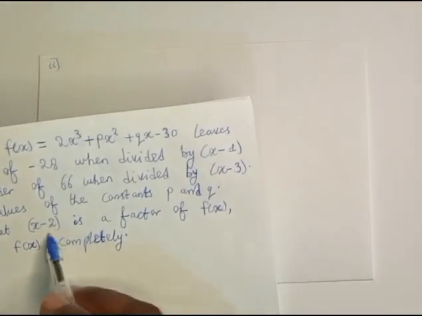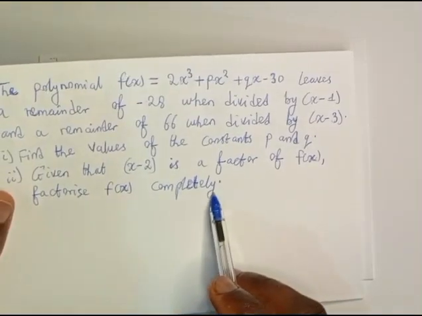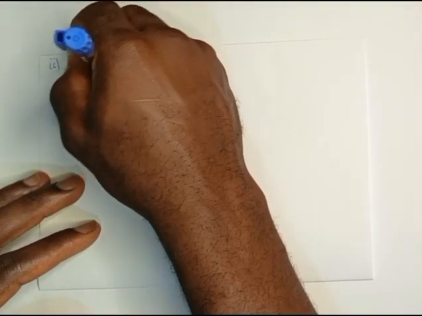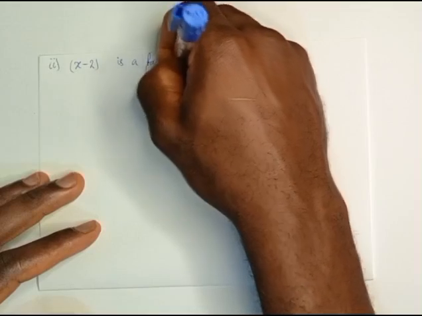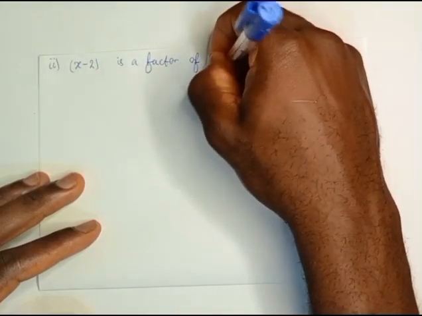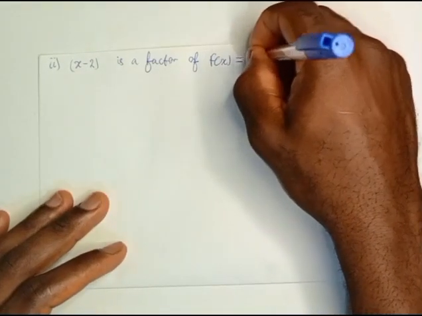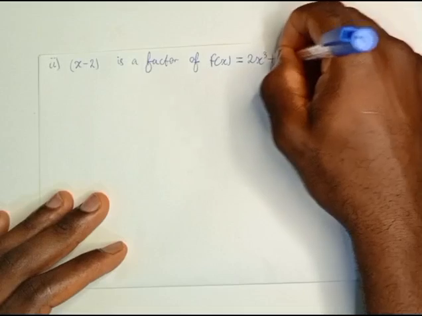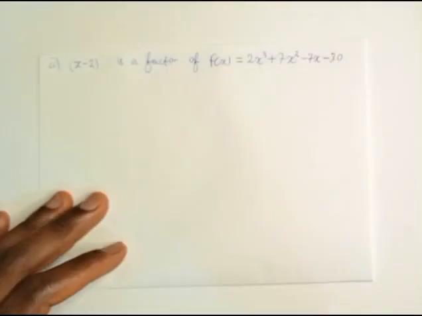We go now to 2i, which is telling us that given that x minus 2 is a factor of f of x, factorize f of x completely. x minus 2 is a factor of f of x equal to 2x cubed plus 7x squared minus 7x minus 30.